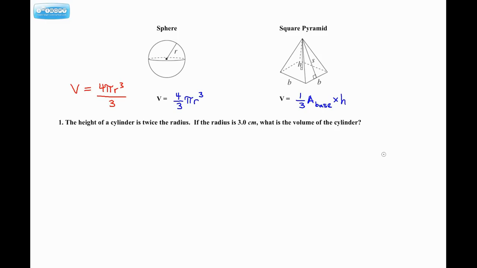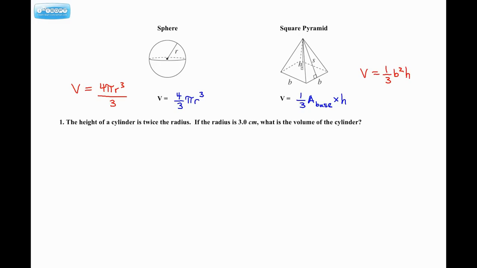All right. So I'll be a little bit more specific because this is a square. Volume would be 1/3 times, and the area of a square is just the length times the length, which has been labeled b. So that's b squared times h. And there we go.